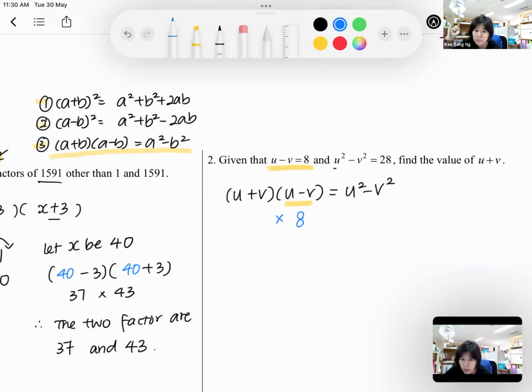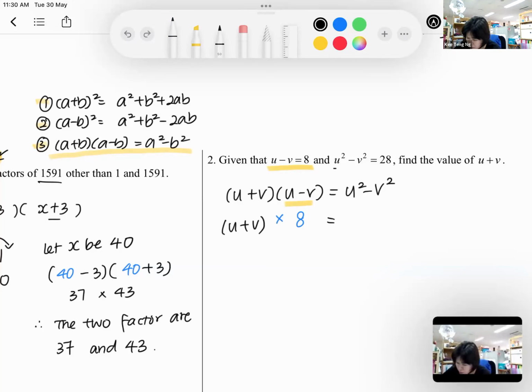This bracket means multiplication. A lot of times students put a bracket, then they thought it's addition or subtraction later on. Okay, it's actually multiplication. Later you probably need to divide the number. Then this one is the u plus v that I do not know, and this number equals to 28.